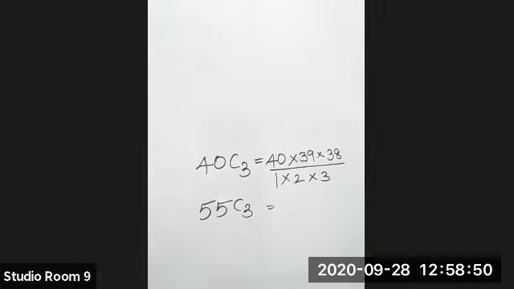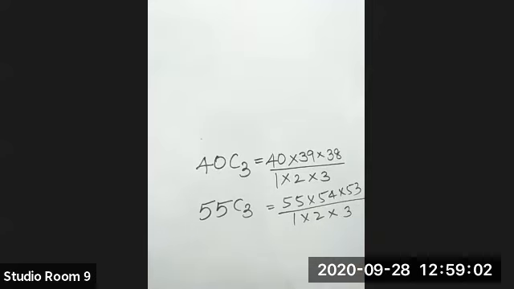It is 55 into 54 into 53 divided by 1 into 2 into 3. This one you can cut short and find the answer.